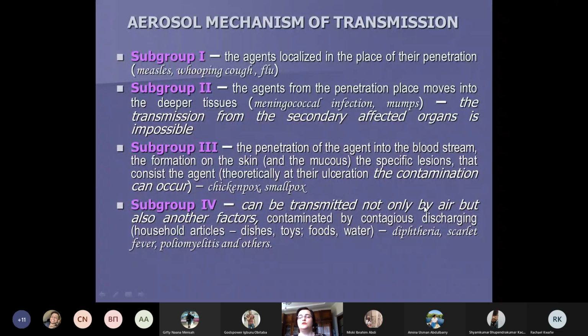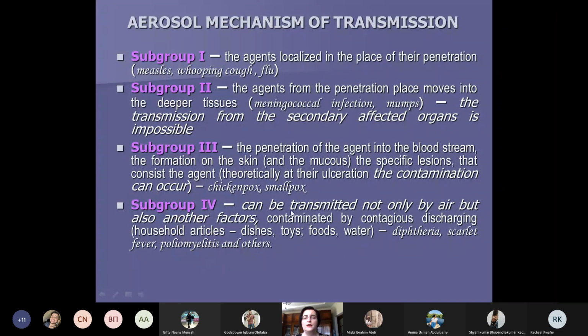No, primary infection will be in the respiratory tract. But it's secondary and a very characteristic symptom of chickenpox. And really, if the patient scratches this rash, these vesicles, and fluid appears from them, and you touch this and then touch your eyes, your nose, your mouth, you can catch this infection if you are not immune.